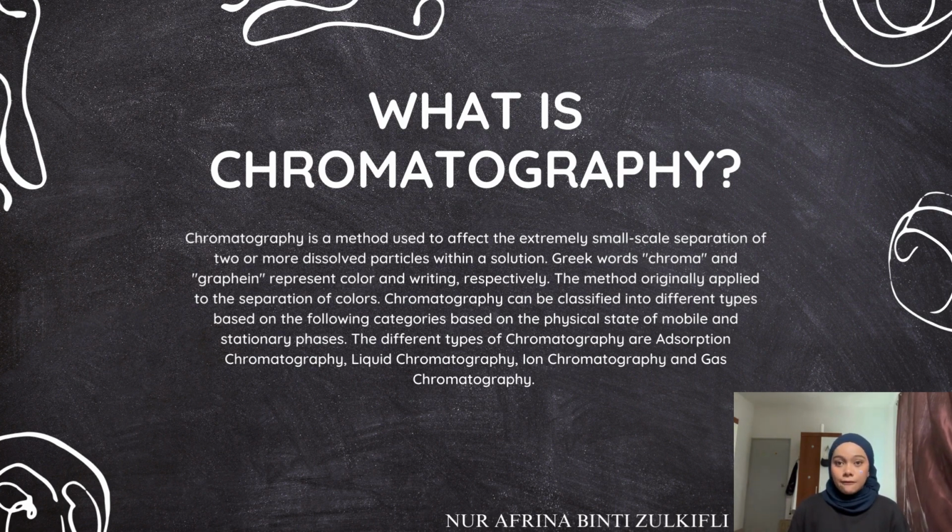Chromatography can be classified into different types based on the physical state of the mobile and stationary phases. The different types are adsorption chromatography, liquid chromatography, ion chromatography, and gas chromatography.